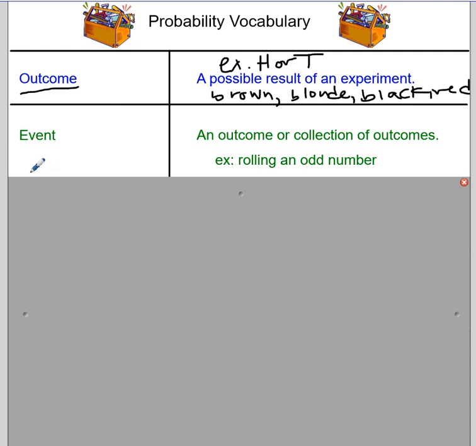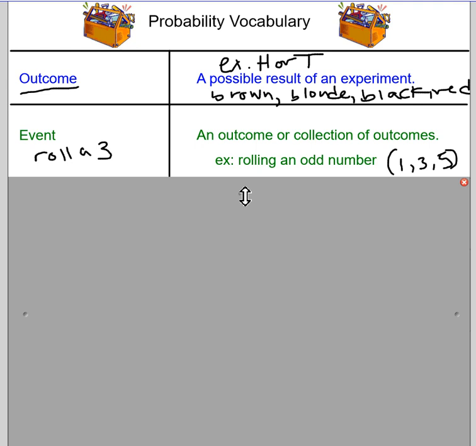So an event could be rolling a 3, or it could be a collection of outcomes. So rolling an odd number, that means rolling a 1, 3, or a 5, right? It could be picking someone with dark hair, like brown or black hair, if I pick my person.